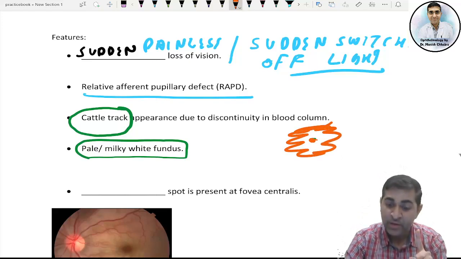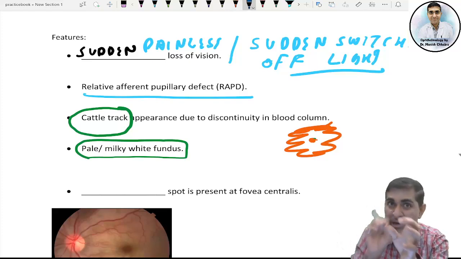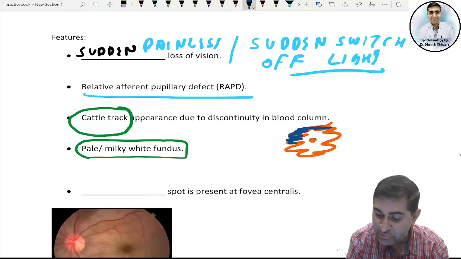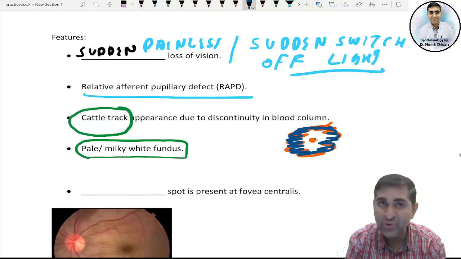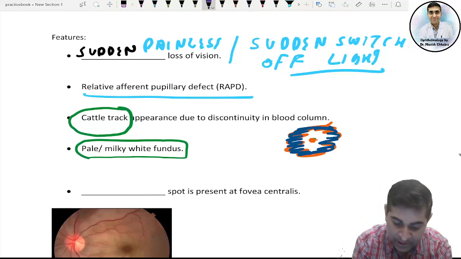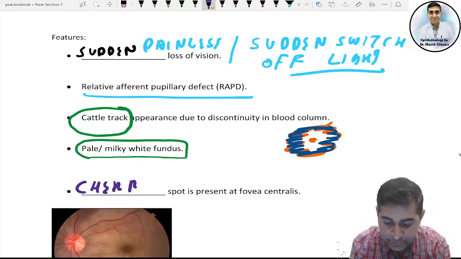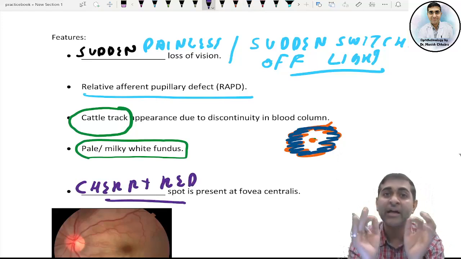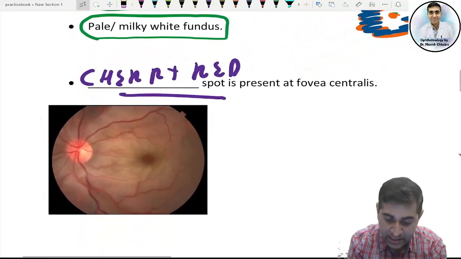But when there is complete obliteration of blood supply of the retina, this entire retina has become pale. Now this small dot at the fovea stands out, so it gives you an appearance of cherry red spot. So cherry red spot at the fovea centralis is seen, like you see here.